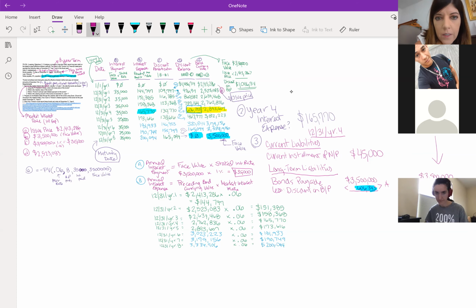For the next part, which means that if you have that number wrong, marked wrong, then it's also going to mark you incorrect for this next amount, which is, and they're not going to put it there, sorry. They want it right next to it. The carrying value of the bonds, which is 3.5 million minus the 606,393.